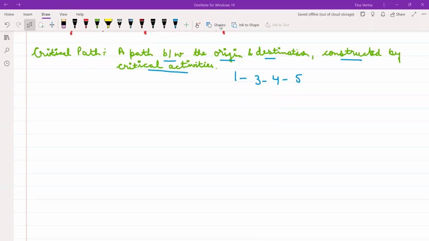Have you done crash duration and crash cost? Next definition that you will use, that is your crash duration and crash cost of an activity.